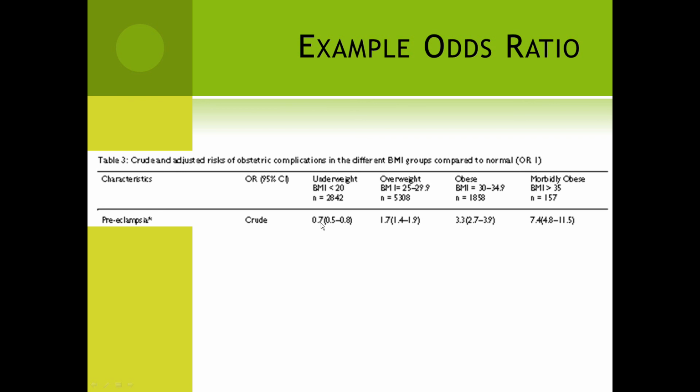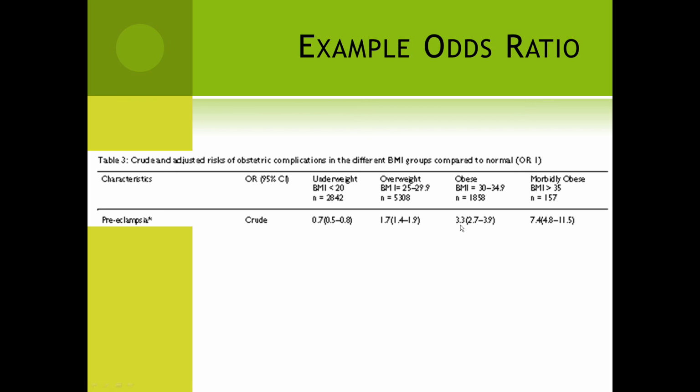So they've got about 30% less risk of getting preeclampsia if they're underweight compared to normal weight. The overweight group, we can see the odds ratio has moved to over 1, so they've got more chance of the outcome, 1.7. So they've got 1.7 times the odds of preeclampsia compared to women of normal weight.